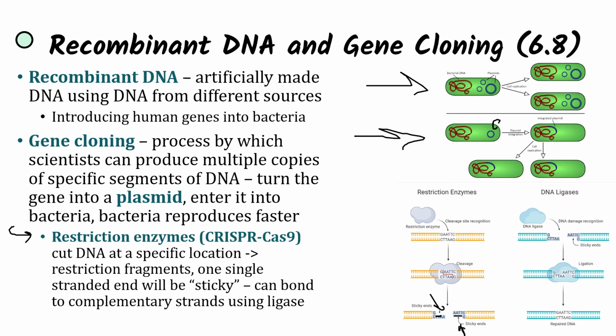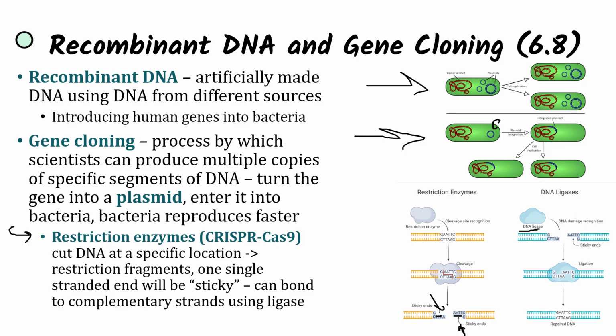And then they can be bonded together through complementary strands using the enzyme ligase, which will find complementary base pairs that allow for these sticky ends to bind, and then ligase will seal up these sticky ends.